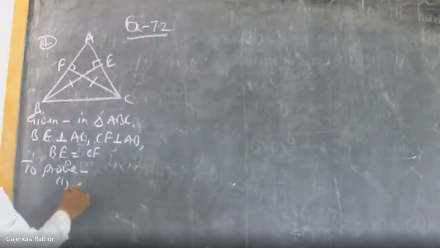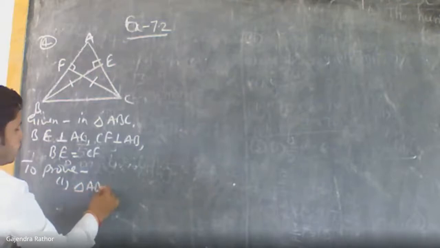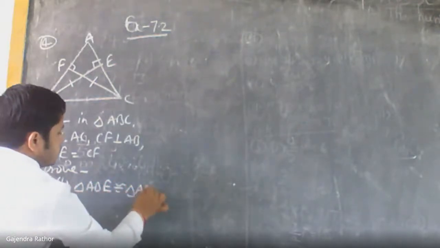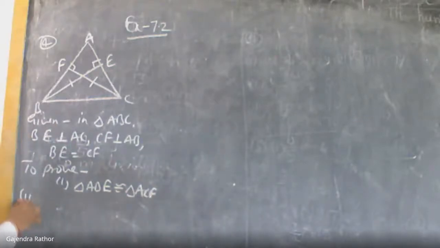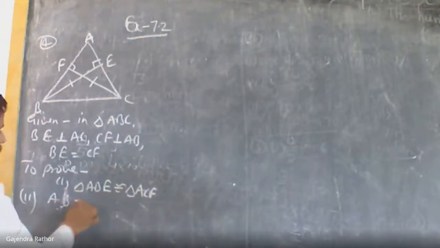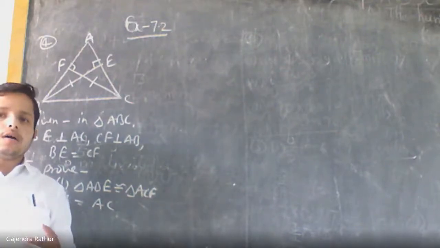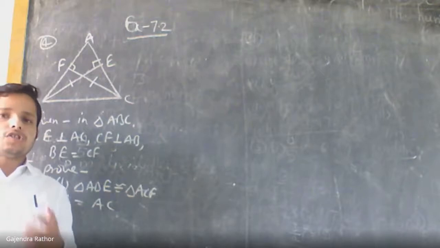So first point, triangle ABE is congruent to triangle ACF. Second point, AB is equal to AC. If two sides of a triangle are equal, then it is called an isosceles triangle.